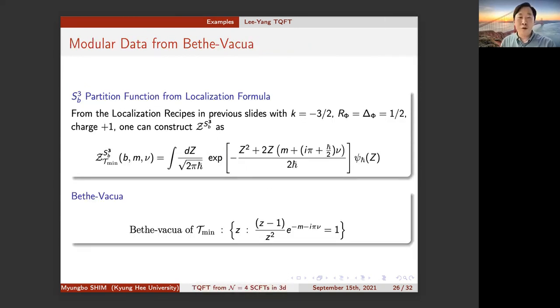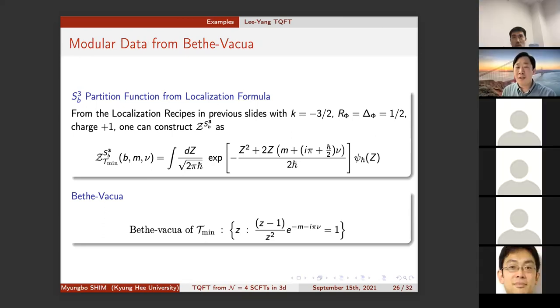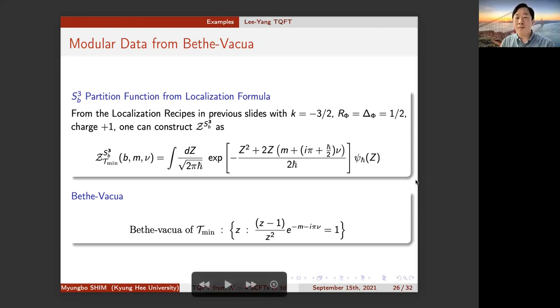Now it's time to compute modular data from our Bethe-vacua method. We know the Lagrangian description in the UV fixed point, and we have the Chern-Simons level, R-charge and conformal dimension of this free chiral.